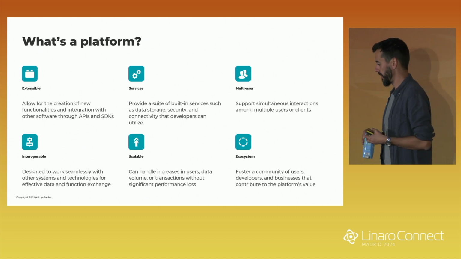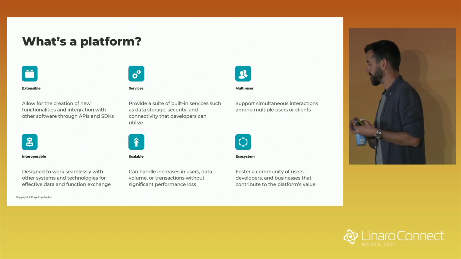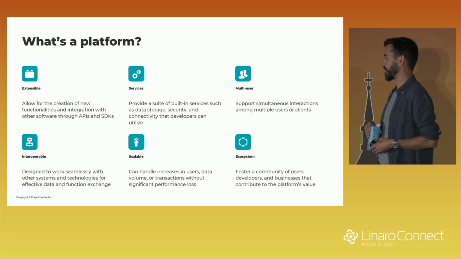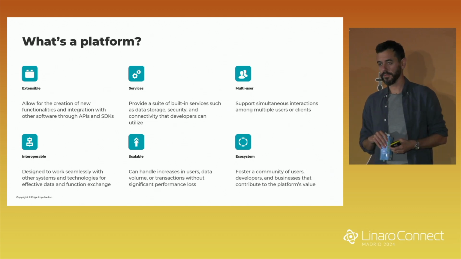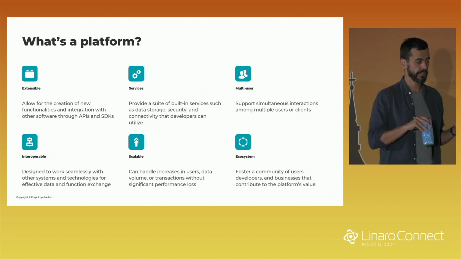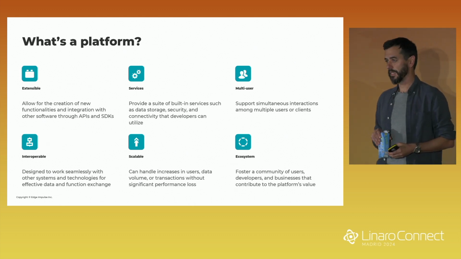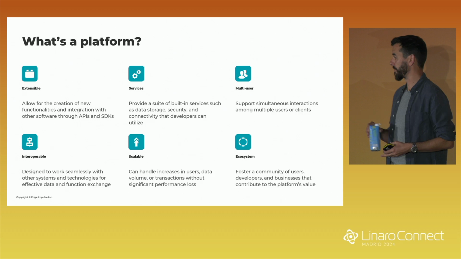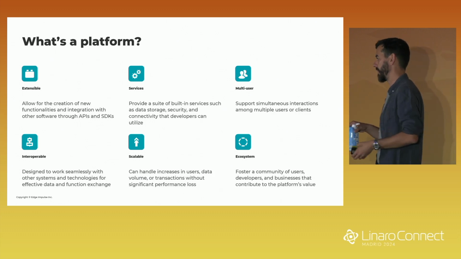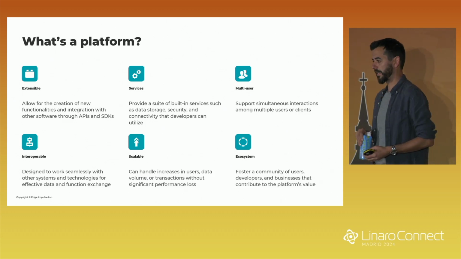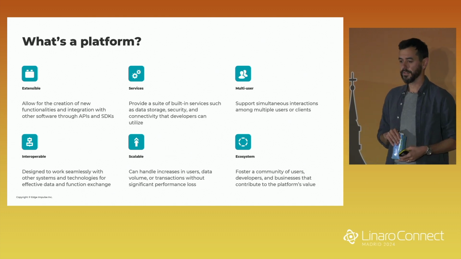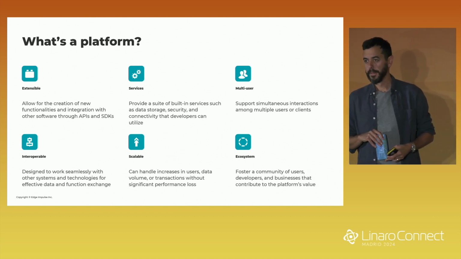It has to allow users to create stuff inside the platform that was not there to begin with. It has to provide a suite of different services for the same domain. It has to be multi-user, so people can collaborate, can send stuff, can talk, and can modify other projects.